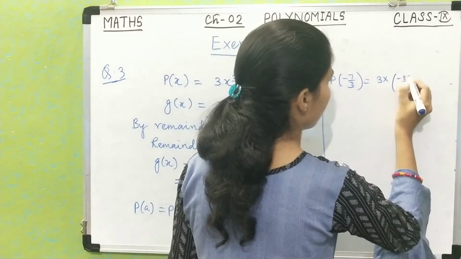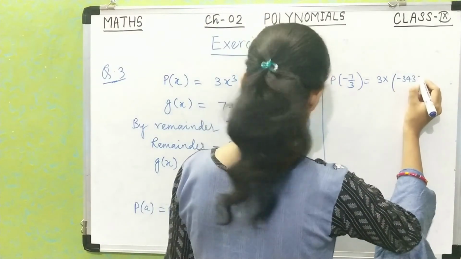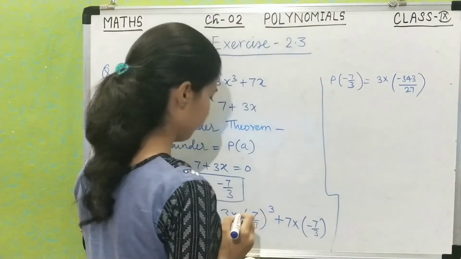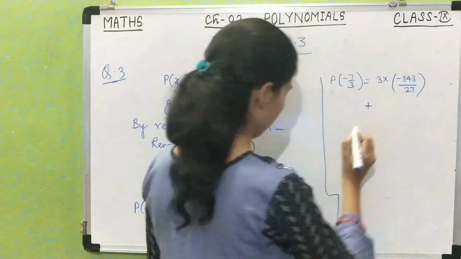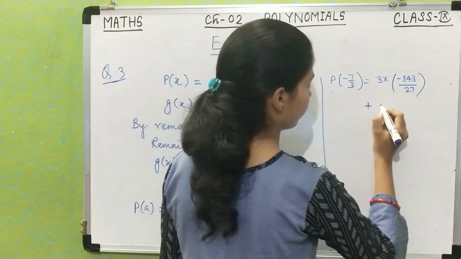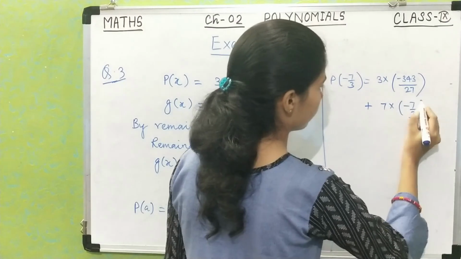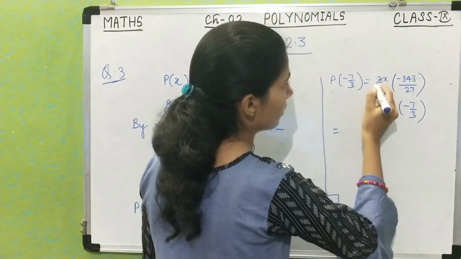So minus 343 upon 27, plus 7 into minus 7 upon 3.